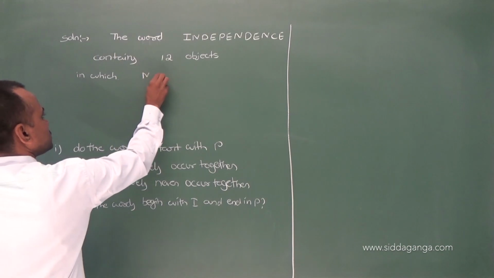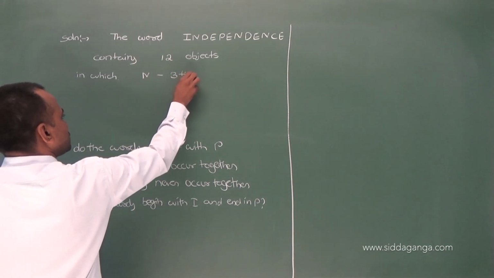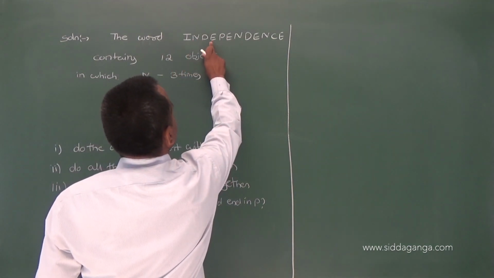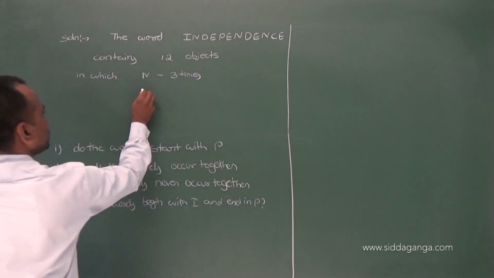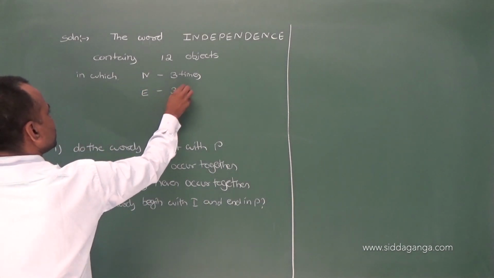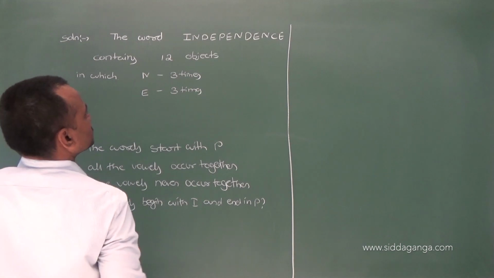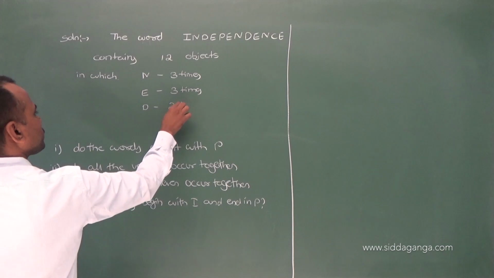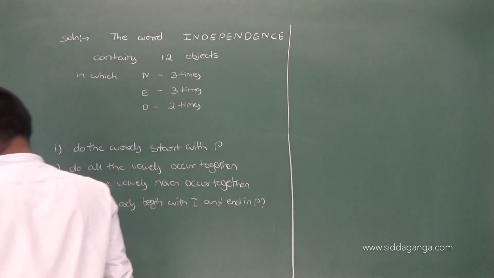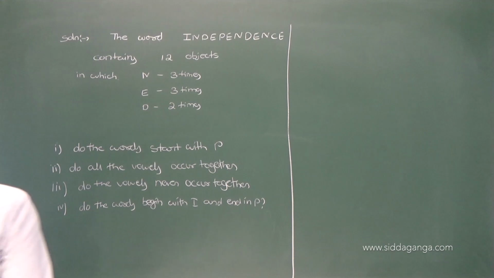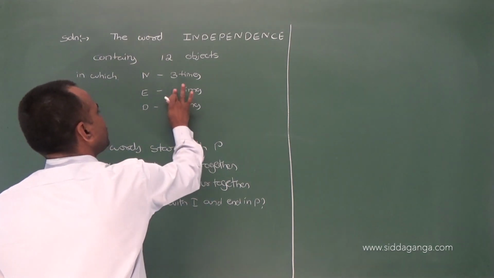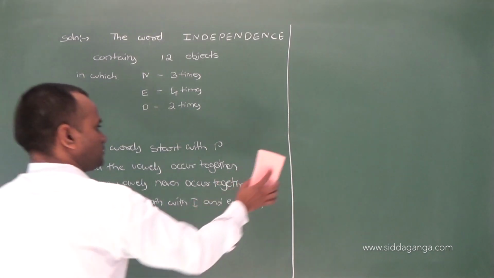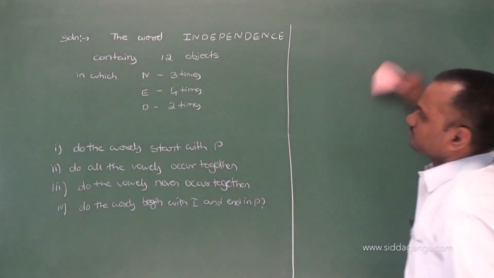In which N is repeated 3 times, E is repeated 4 times, sorry, E is not 3, it is 4 times, and D is repeated 2 times.